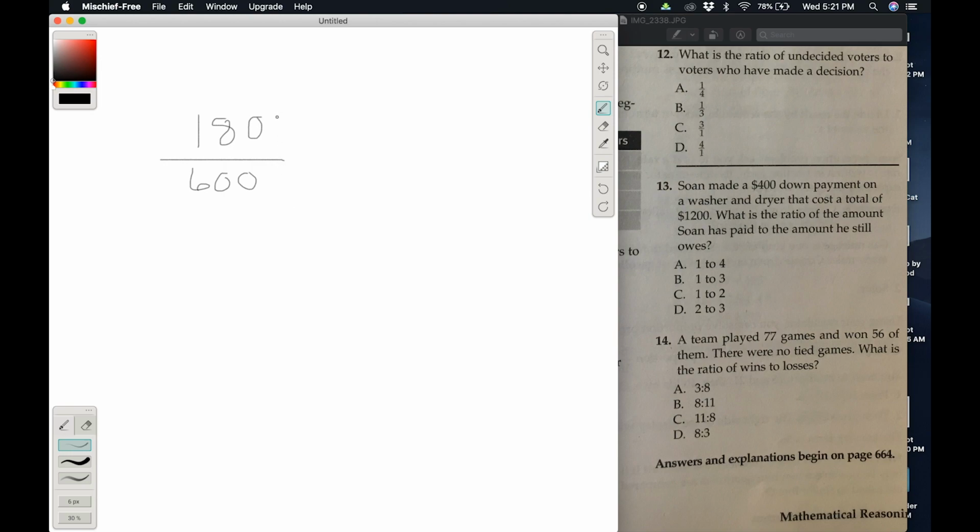This one looks like 20 may also be the best option. From the last one we know 180 divided by 20 is 9. Again, 20 goes into 100 5 times, and there's 600, so 6 times 5, 30.